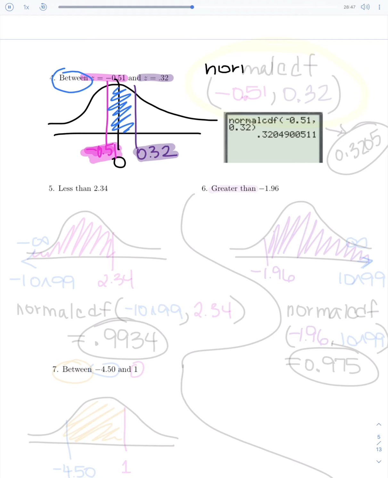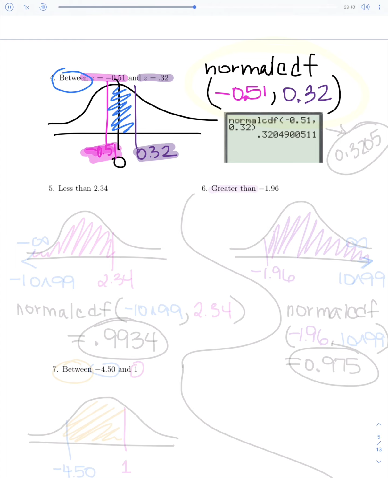It'll be a normal CDF of our start value first, which is the negative 0.51, and then our ending value, comma, our ending value, which is 0.32 second. And we can use our calculator just like before, and let's see what we will get out.